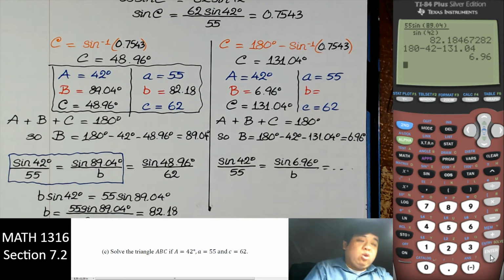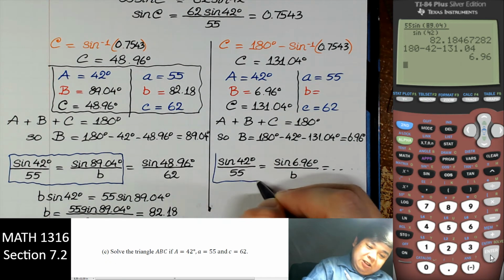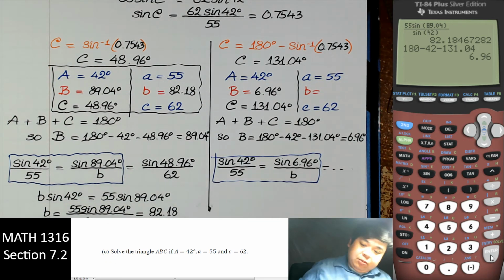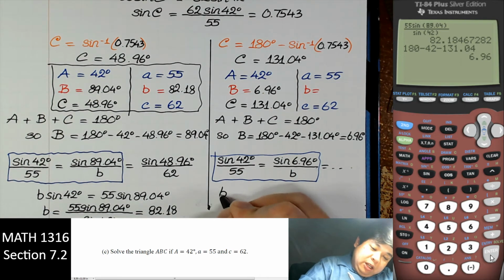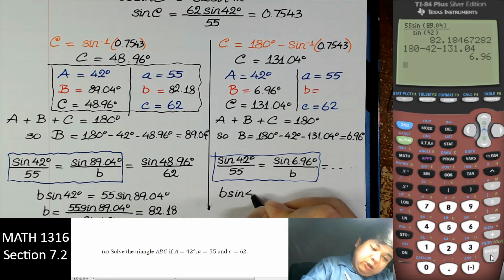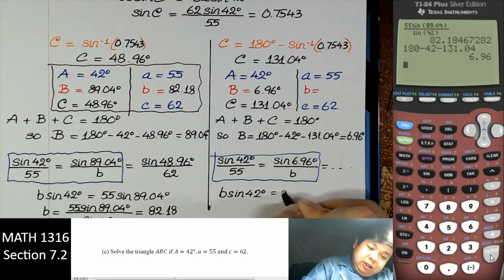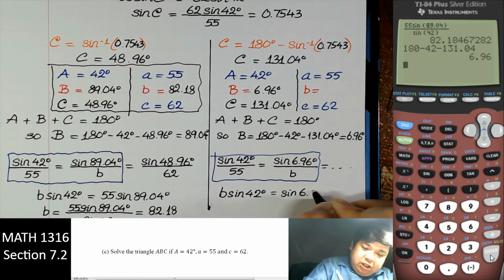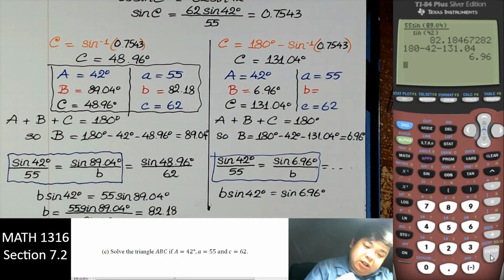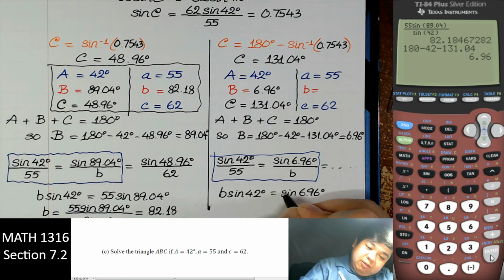And then we're not going to use that ratio anyway, right? So b sine of 42 degrees equals sine of 6.96 degrees times 55.